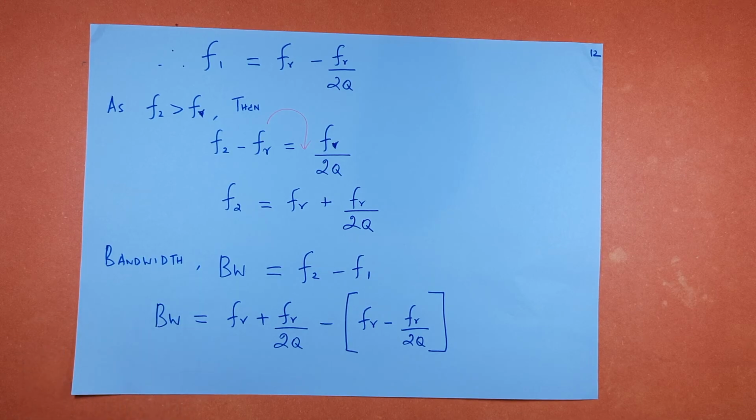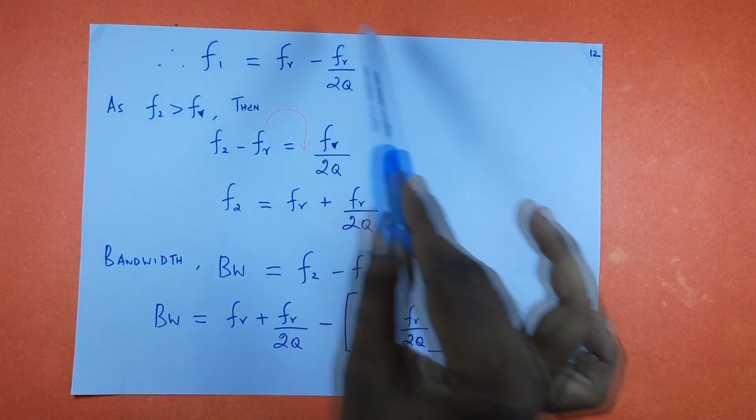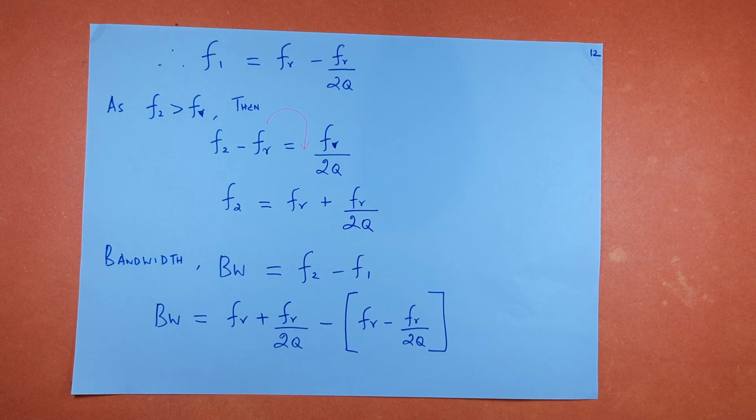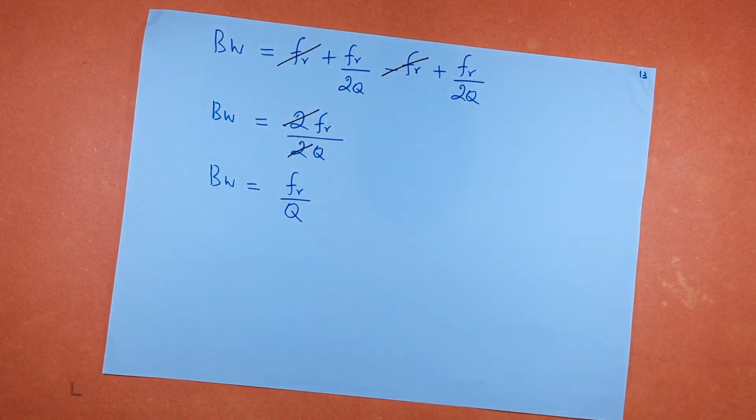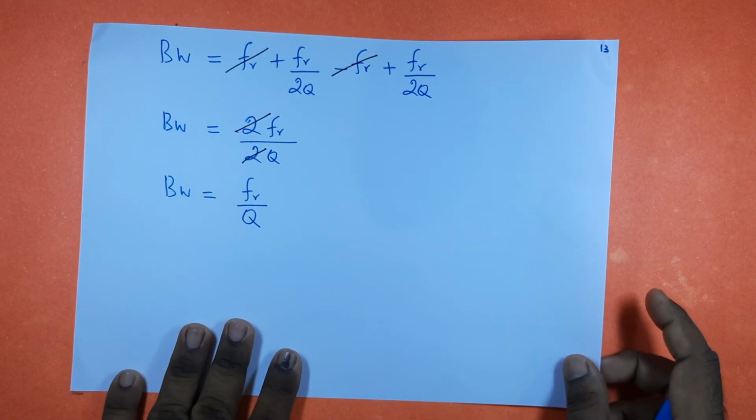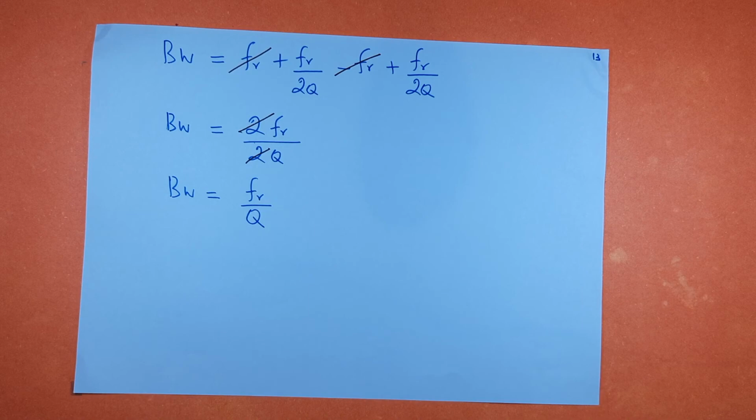Next, bandwidth BW is nothing but f2 minus f1. So we have f2 and f1. Bandwidth BW equal to fr plus fr divided by 2Q minus of fr minus fr divided by 2Q. Just expand this. Bandwidth equal to fr plus fr divided by 2Q, multiplied by minus, minus fr plus fr by 2Q.